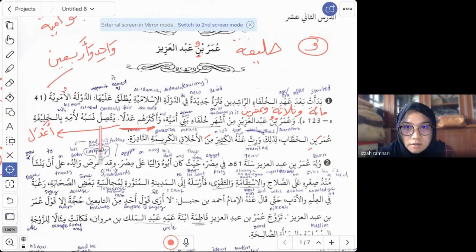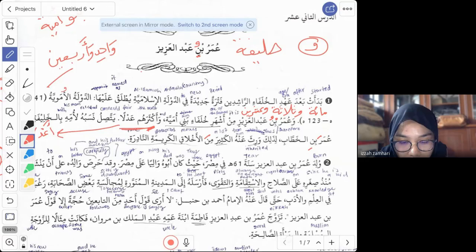Okay, the sentence means: Yattasilu means connected. Nasabuhu means related. Li ummihi, his mother.